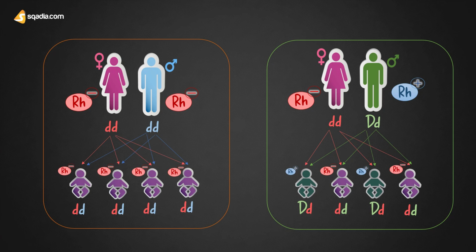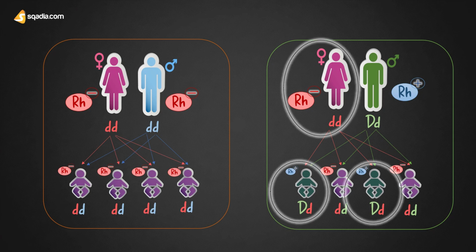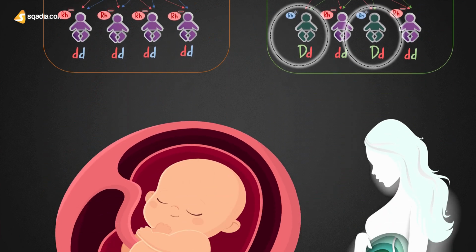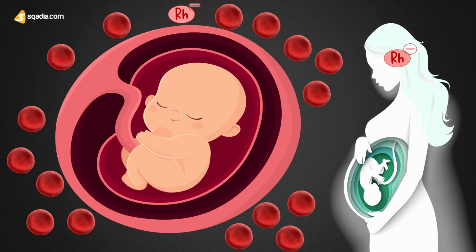So in case when a mother is Rh negative, but the fetus is Rh positive, then there are chances of Rh incompatibility, which may lead to Erythroblastosis Fetalis. Let's understand how this incompatibility leads to this hemolytic disease.